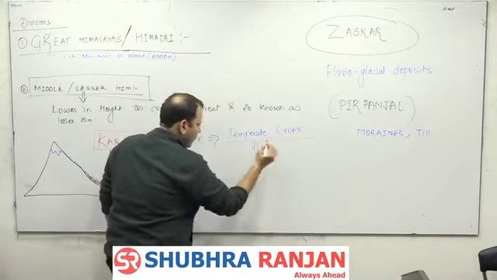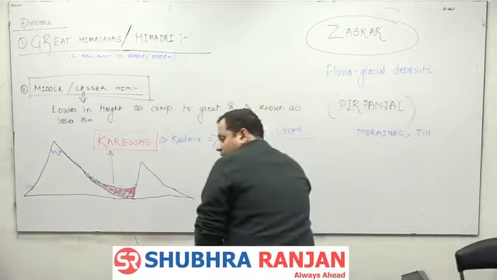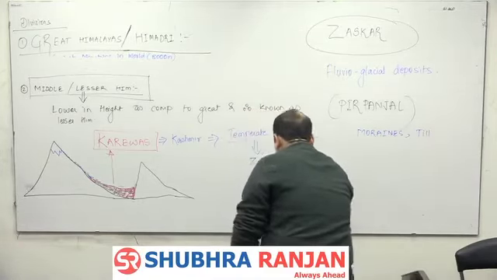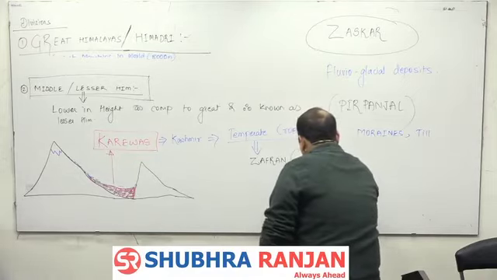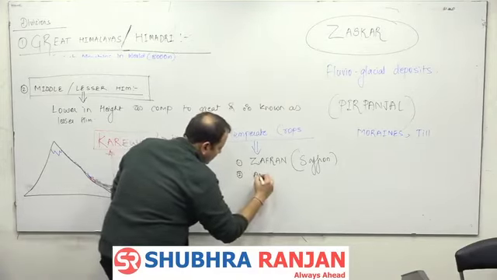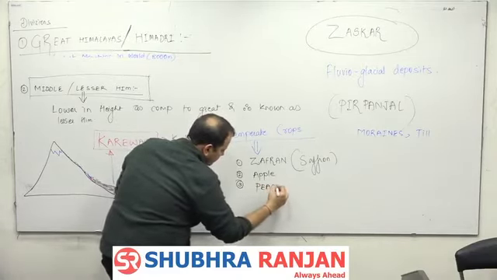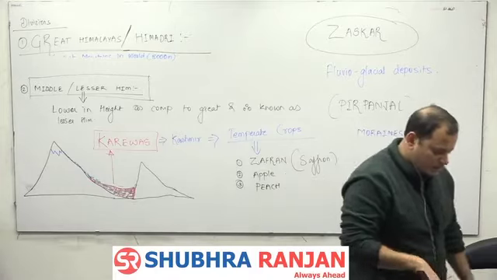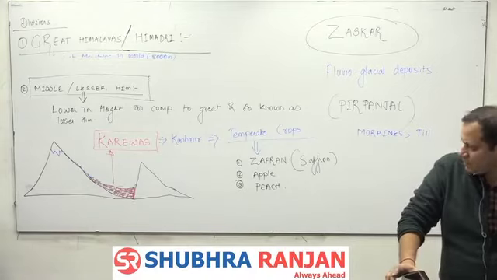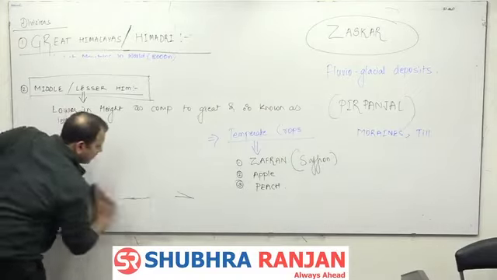Fine, important for temperate crops. But the most important crop is saffron. That is the local variety of saffron. Apple, peach, etc. So ये 3 crops याद रखना. Fine. Now understand, the same mechanism applies.